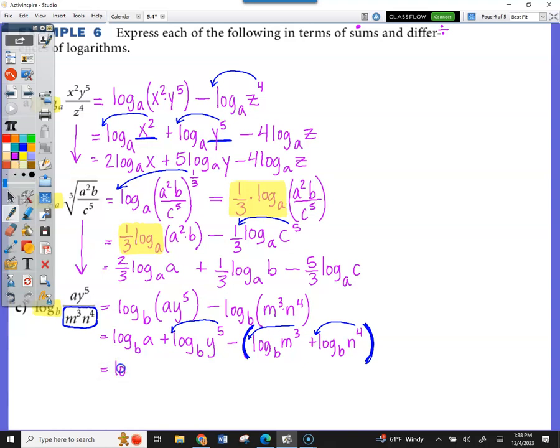So this would be log base b of a plus 5 log base b of y minus 3 log base b of m. What is this going to be? Minus 4 log b of n.